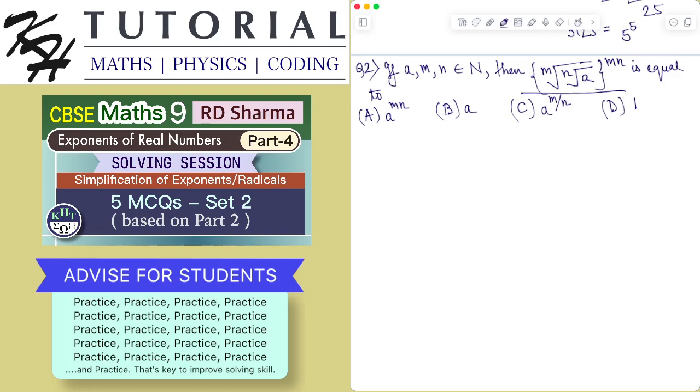So we have something whole raised to the power m into n, where m and n are positive integers, and the base is a radical, that is mth root of, and inside this mth root the radicand is again a radical, that is nth root of small a.